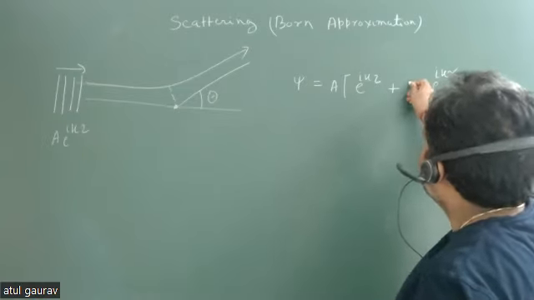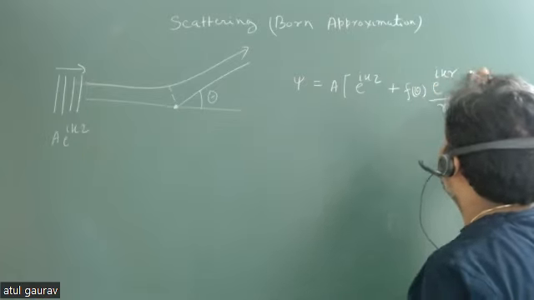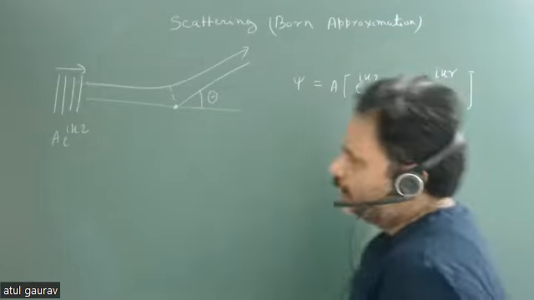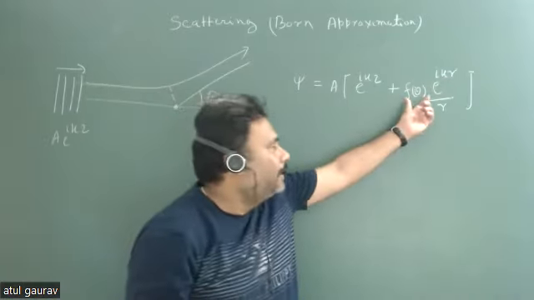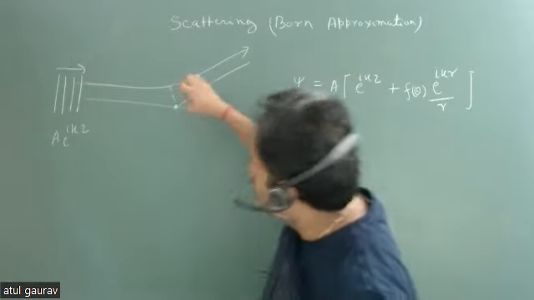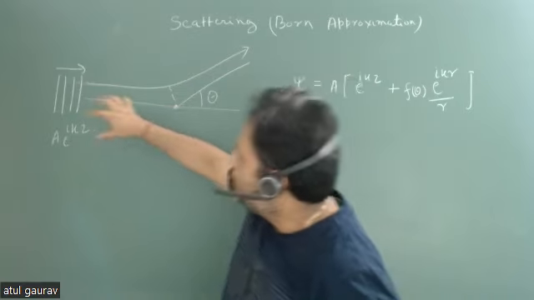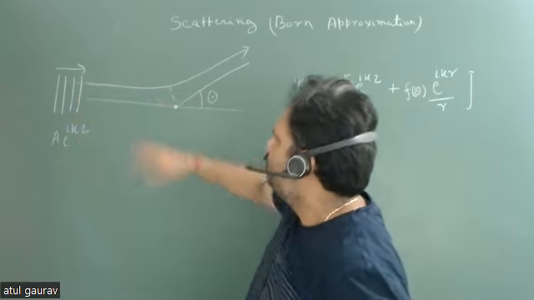But here there is one more term, f theta, which is identified as the form factor. This f theta depends on which type of potential is there and how this wave interacts with this potential.